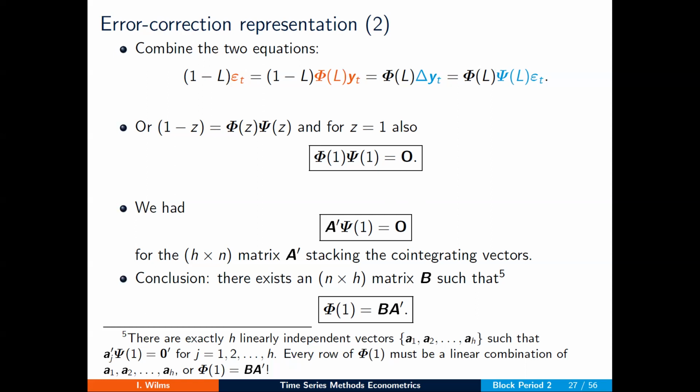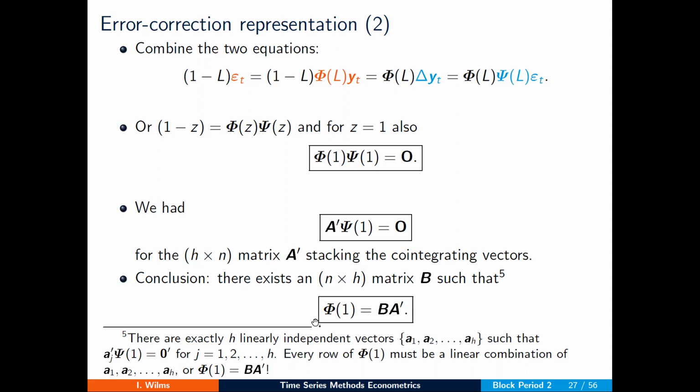Now, the co-integrating vectors are not unique, but the rows of A prime, A1 up until AH, form a basis of the co-integrating space. So I can write any co-integrating vector, so also this phi, as a linear combination of A1 up until AH. And I can repeat this argument for all the remaining rows in phi1, since each of them is a co-integrating vector.